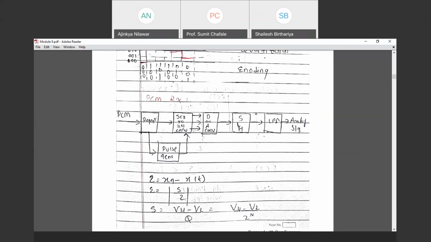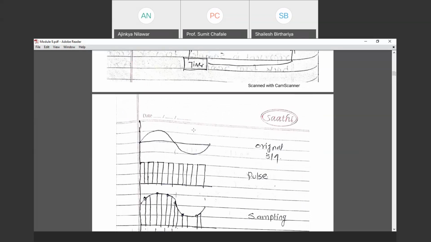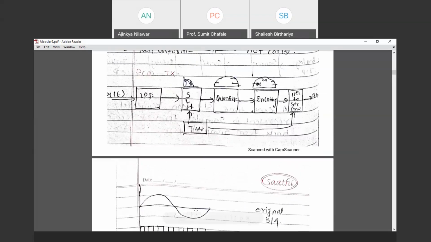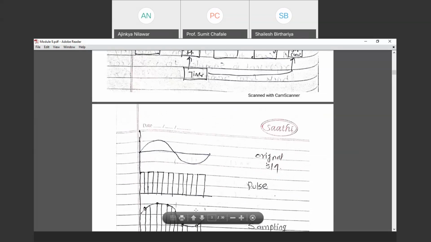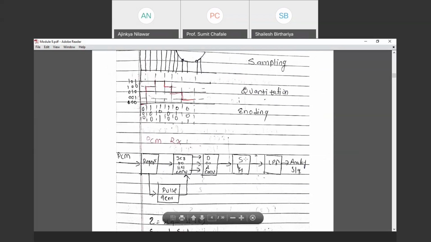If you look at the transmitter block diagram, there is a parallel to serial converter, whereas in the receiver, in the first step we use a serial to parallel converter. Then the A to D converter has a D to A converter here. There we use S and H, and here also we use S and H. In the PCM transmitter the first block is the low pass filter, and on the receiver side the last block is the low pass filter, and then we get the analog signal.